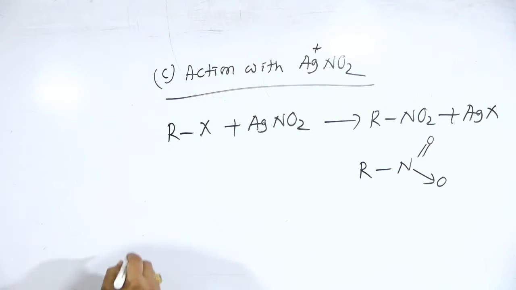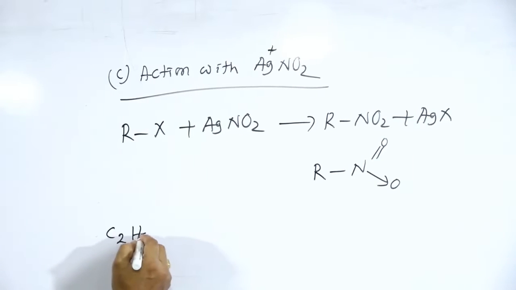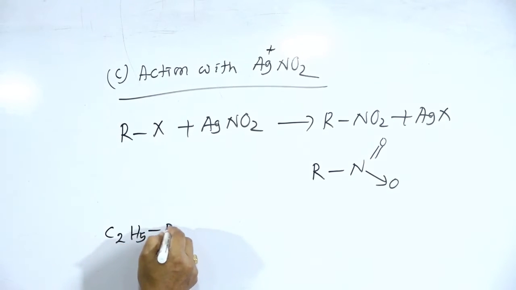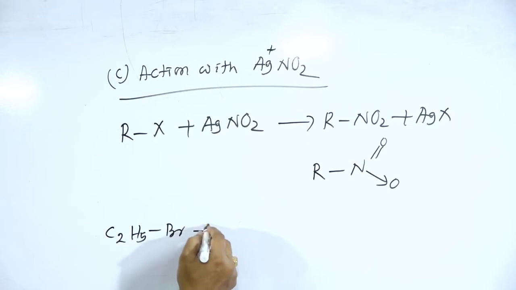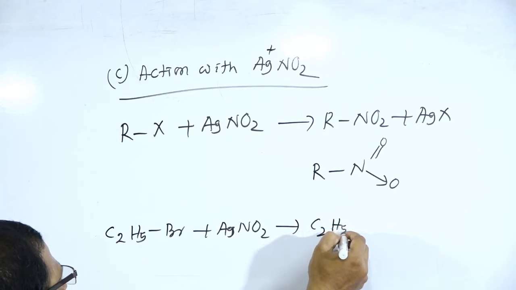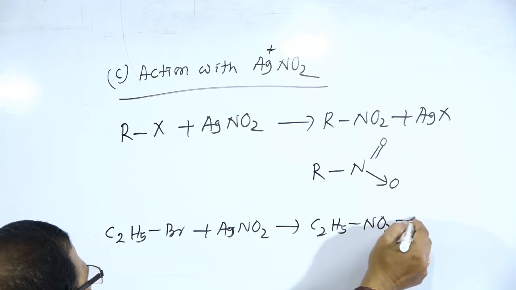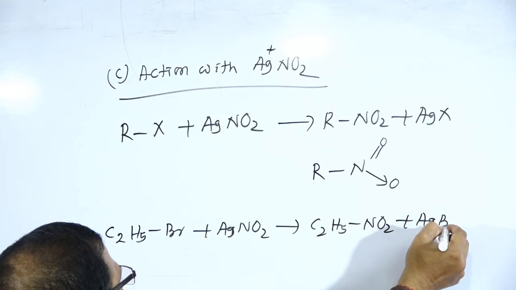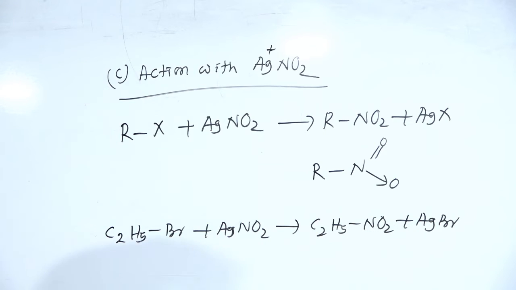For example, C2H5Br, ethyl bromide, treated with AgNO2, gives C2H5NO2 plus AgBr. Nitroethane will be formed.